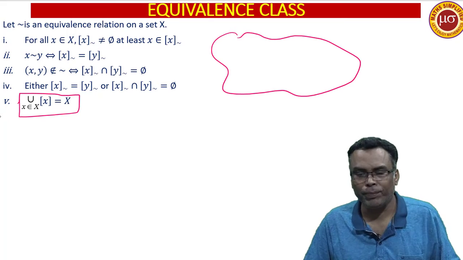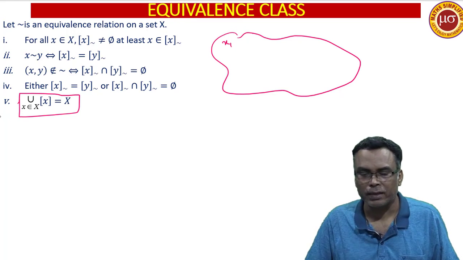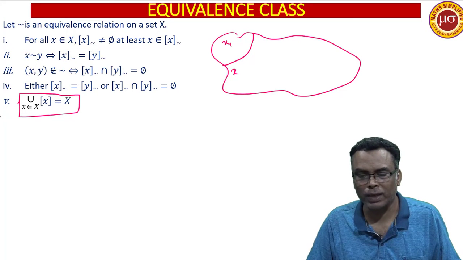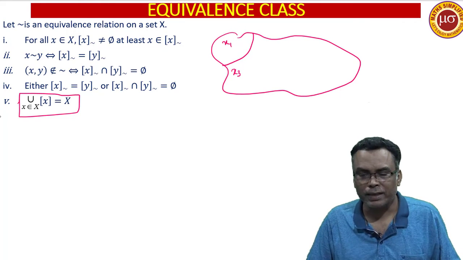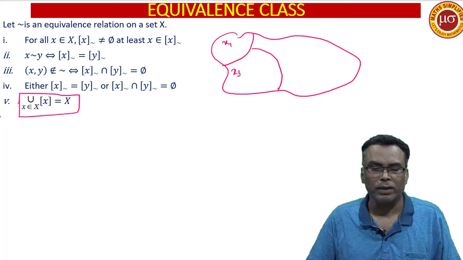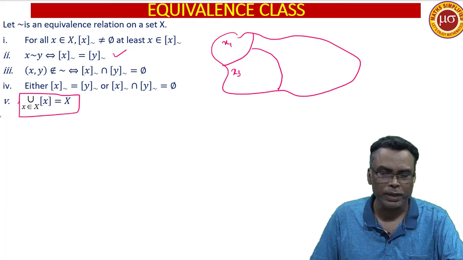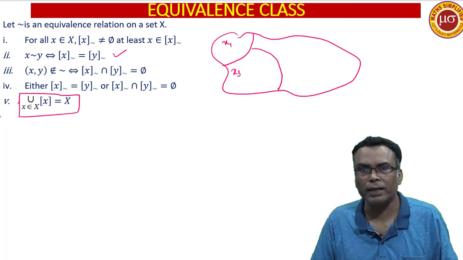It has many elements. I take one element x1, and whatever is related to x1 is the equivalence class of x1. Then suppose x3 is not related to x1, so it will be separate, and whatever is related to x3 is the equivalence class of x3, because the property says if two elements are related, they have the same equivalence class.